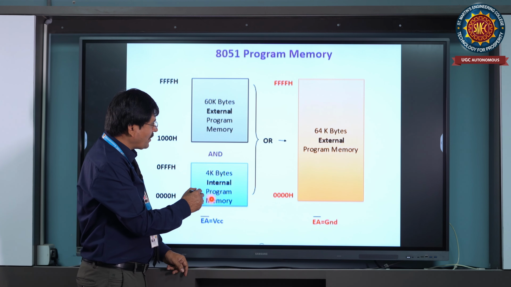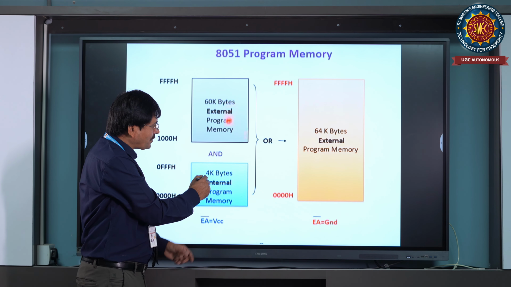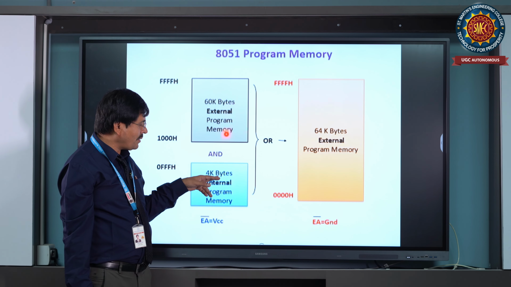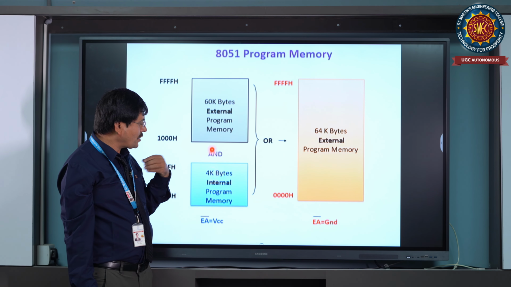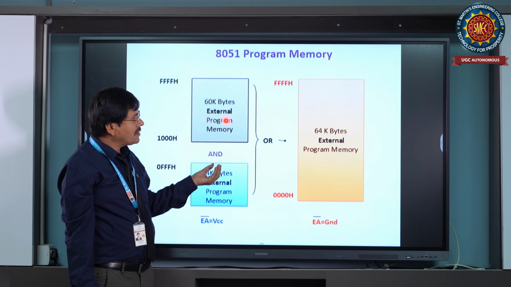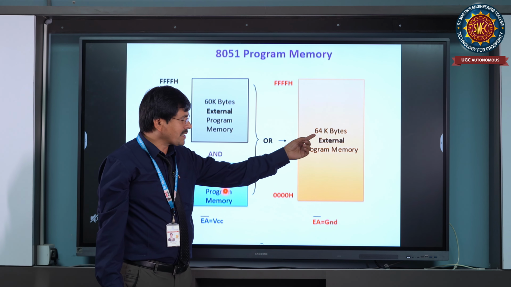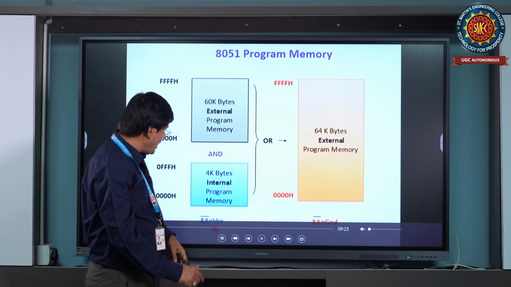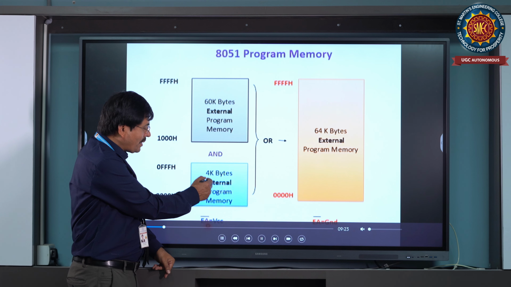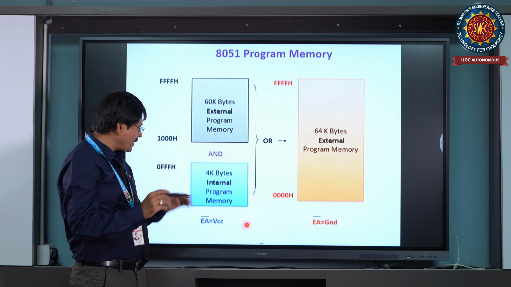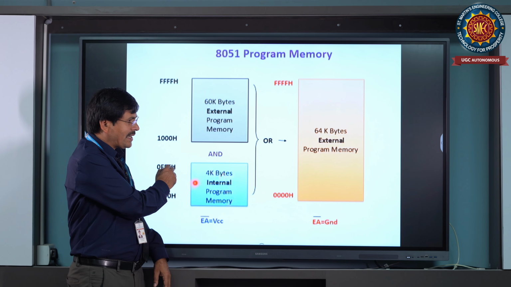Now how much memory can we expand? Actually we have the built-in memory of 4 kilobytes available. When we need to expand beyond this 4 kilobytes, we can expand up to a maximum of 64 kilobytes only. The on-chip memory starting address is 0000 to 0FFFH.